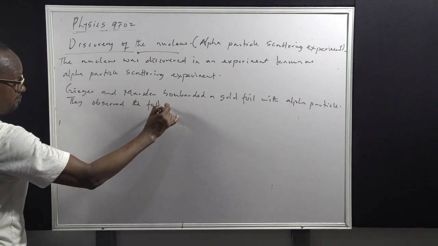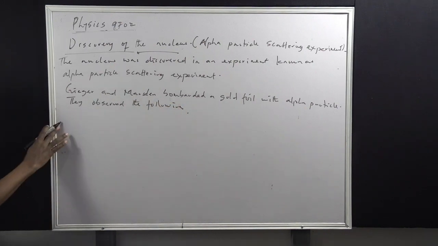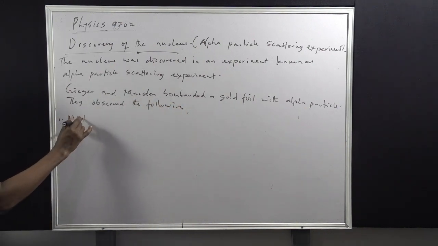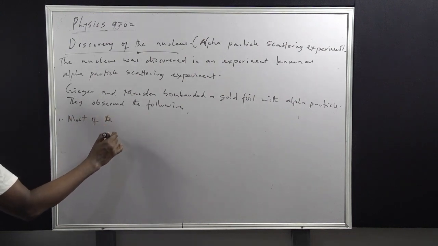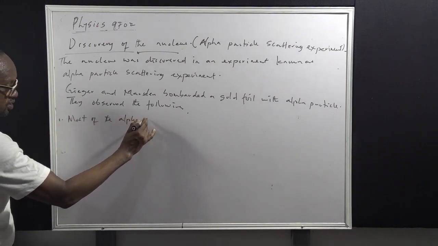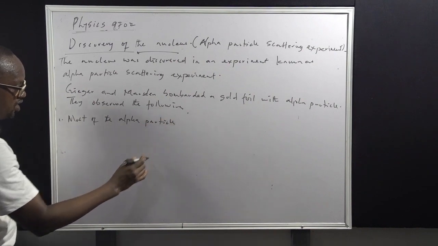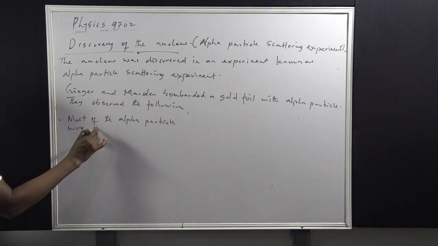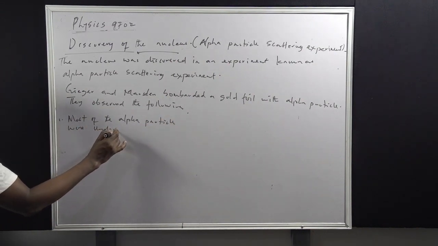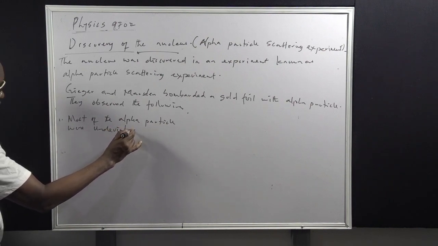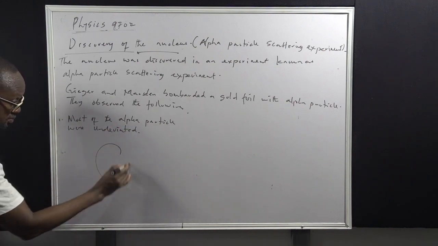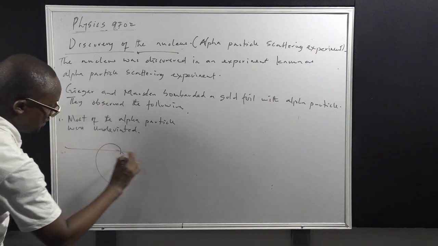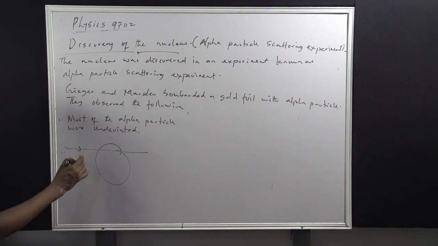Number one, most of the alpha particles were undeviated. Most of the alpha particles passed through without being deviated.